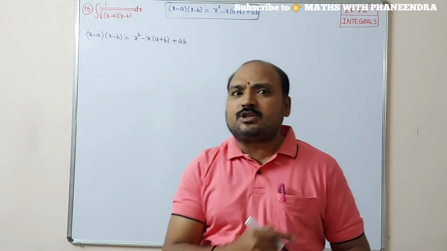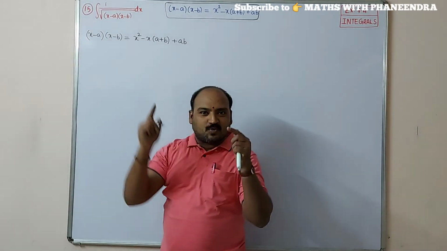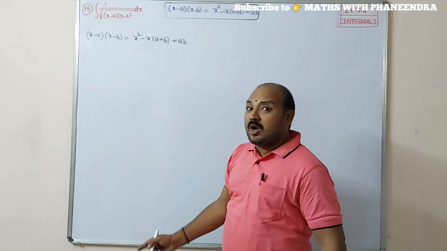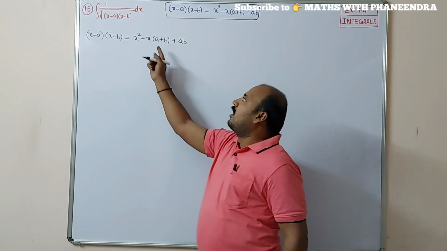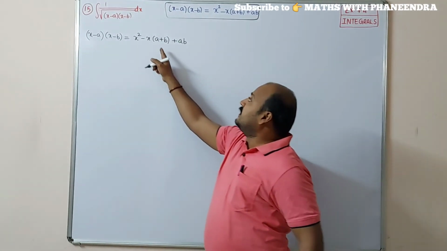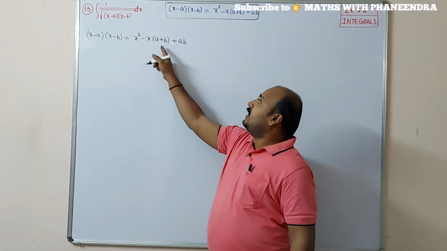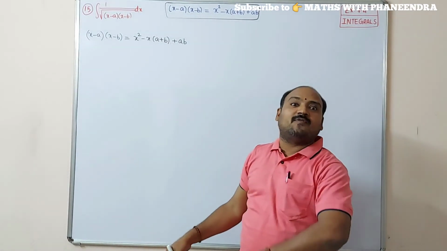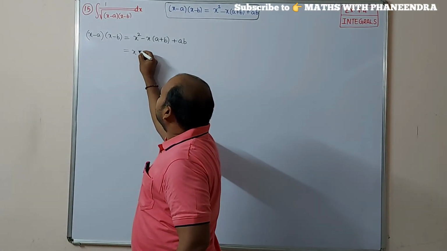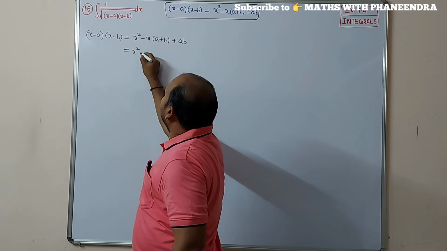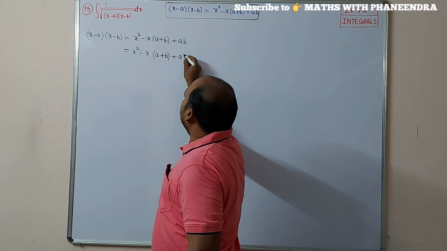To make the perfect square or completing square form, x square coefficient is 1 obviously here. So what after that we have to do? We have to add and subtract half of the x coefficient whole square. In this, x coefficient is a plus b, irrespective of minus or plus. Here a plus b by 2 is half of the x coefficient, that we have to square. So x square minus x into a plus b plus ab.